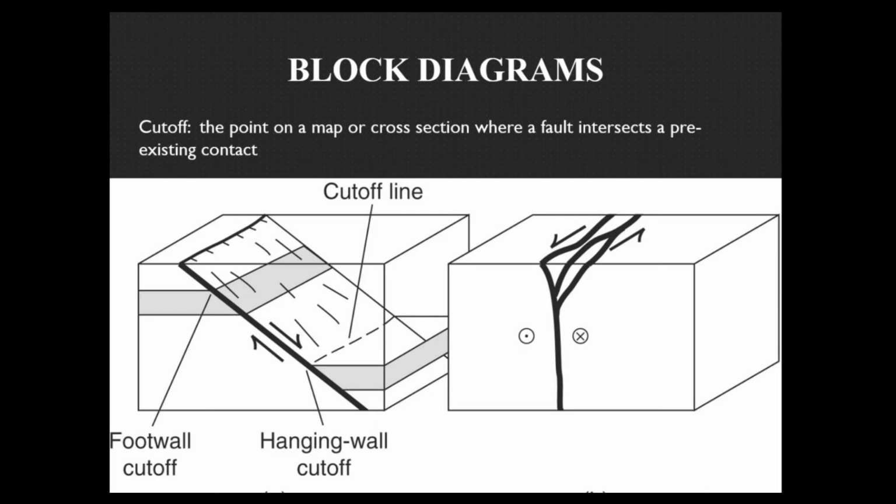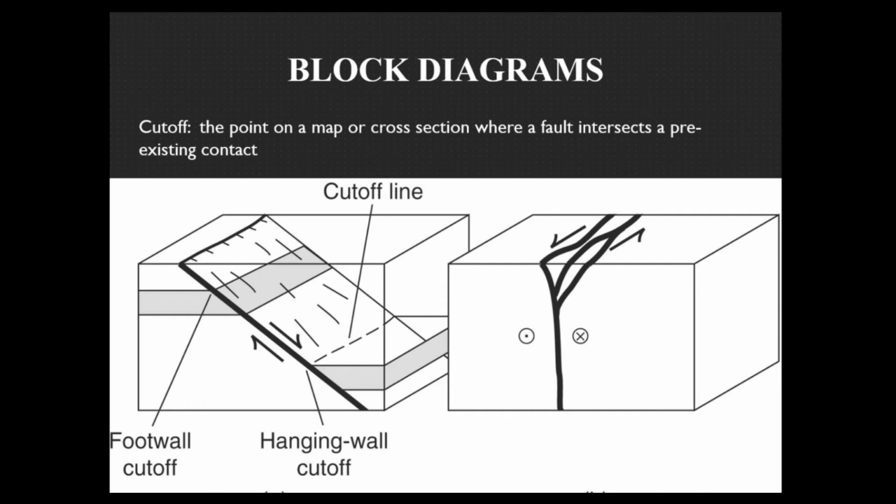The little arrows, of course, help add that sense of motion. But another symbol that we can use in a block diagram is this little circle and circle with an X in it. They give the in of the page, out of the page motion.